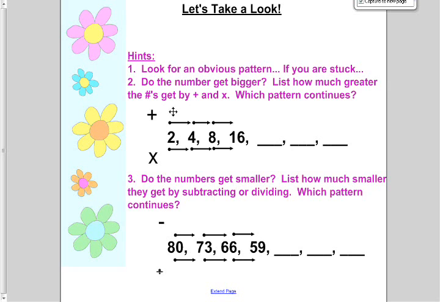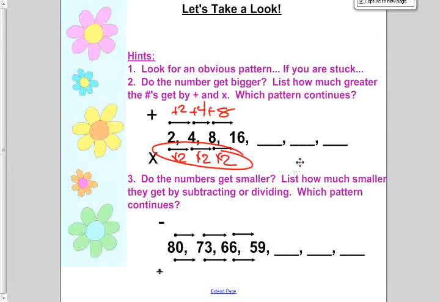If we try addition here, we see it's plus 2, plus 4, plus 8. I don't see much of a pattern there. Let's try this. Times 2, 4 to 8, times 2, 8 to 16, times 2. So when I write out both, I can see that my rule is times 2.